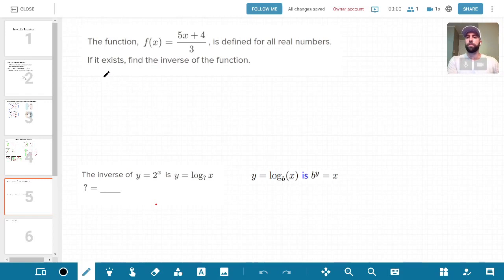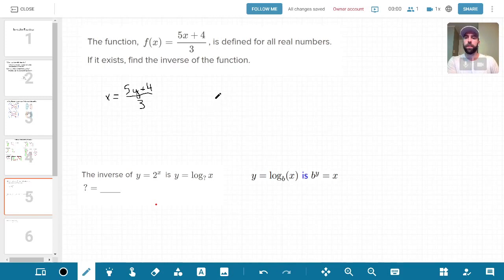Okay, so let's swap the input and the output, so that we would end up with x equals (5y plus 4) over 3, replacing f of x with y. And essentially we're just solving for y at this point.